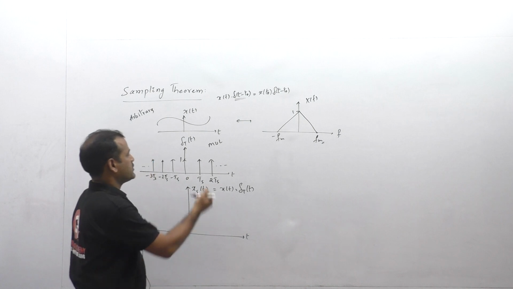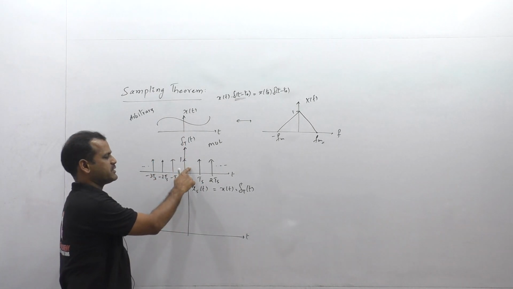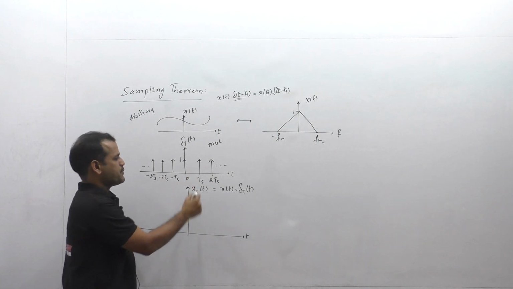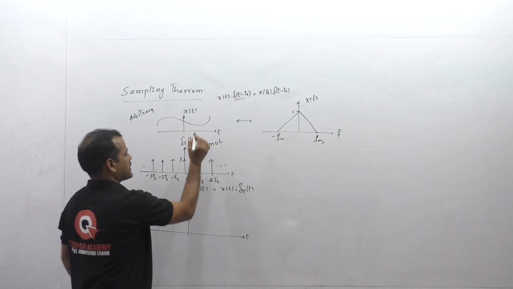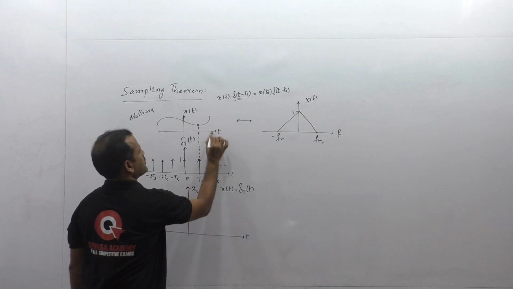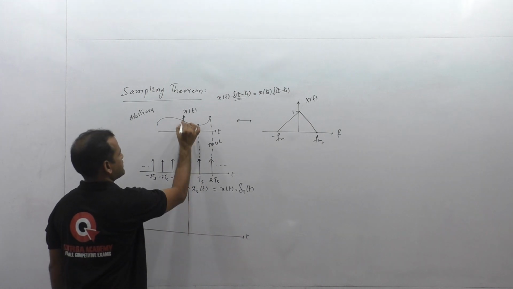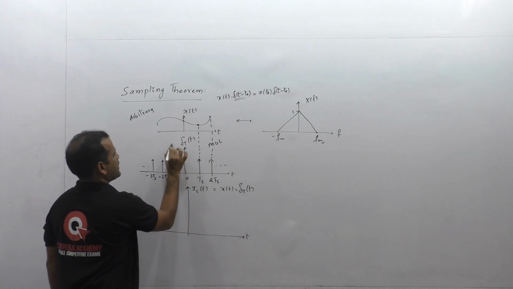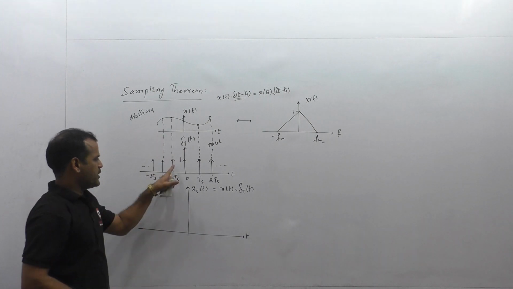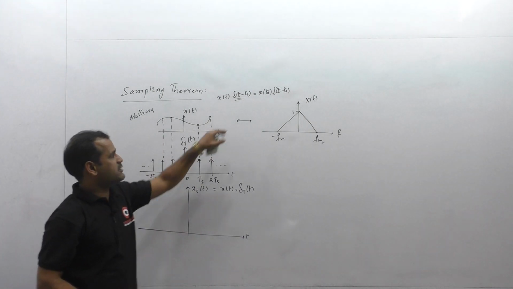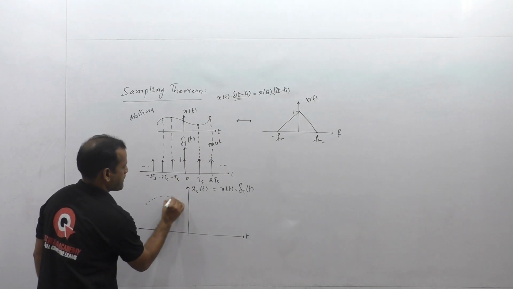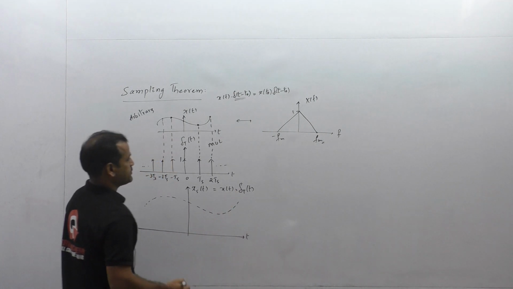So whenever this x of t is multiplied with the train of impulse functions, each delta function will be there itself, but the amplitude will become the corresponding amplitude of the multiplicand signal. This amplitude will go to this amplitude, the origin amplitude will go to this one, and this amplitude will go to this amplitude. Like this, we will get different amplitudes of the delta functions as per this property. So finally we will get the sampled signal in this shape.